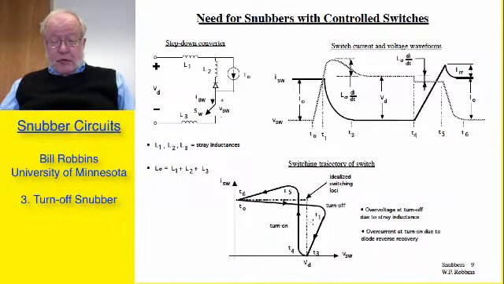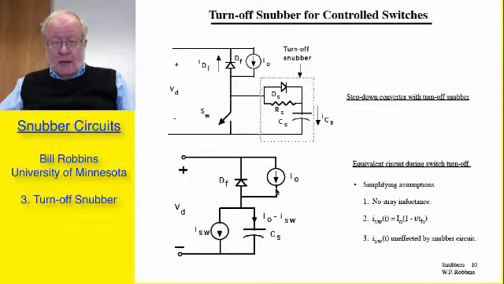In both turn on and turn off, if we have too much stray inductance and too much reverse recovery current, both of these excursions take us outside the safe operating area, and that may then damage or even cause device failure. Hence, we need snubbers to control some of these factors, depending on which ones are the most severe.